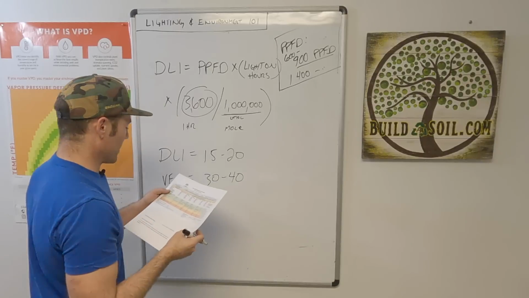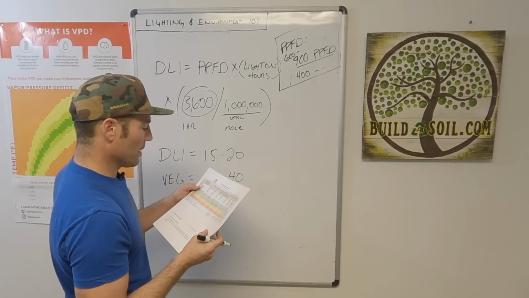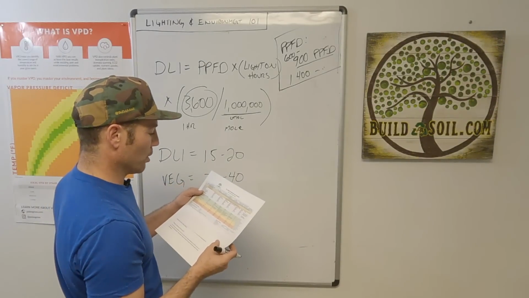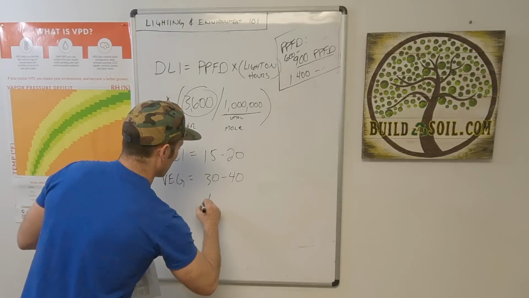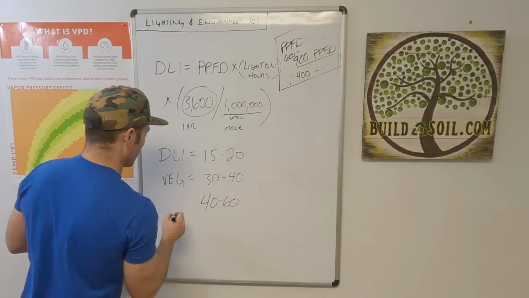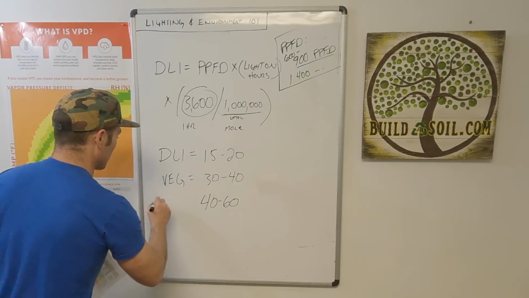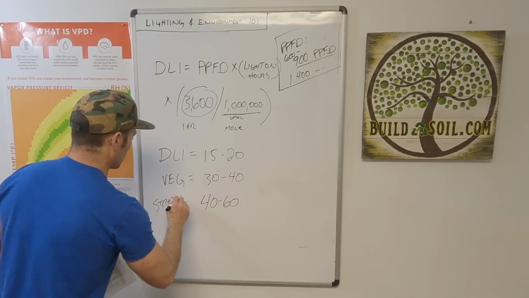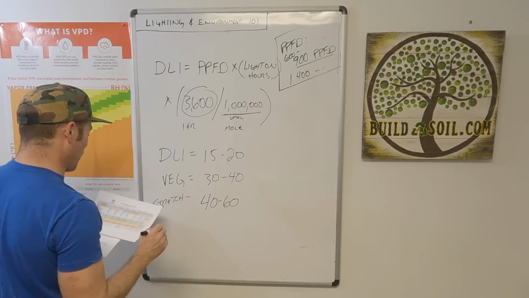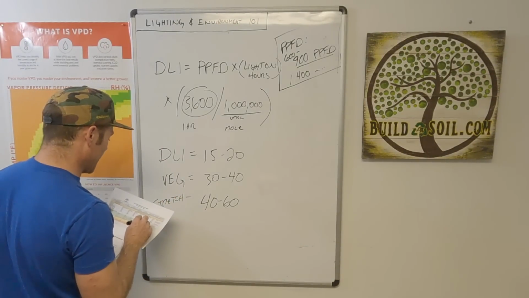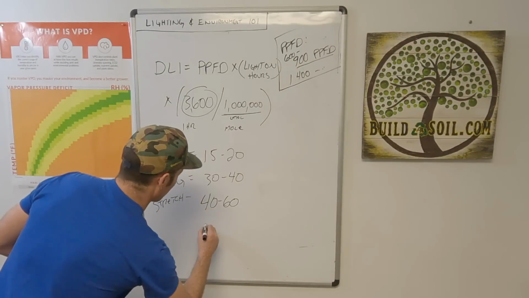And really for flower, it's about the same too. And so in flower, I have 40 to 60 at the bloom transition during stretch, which is really, it's pushing it a little bit. I really think less is more. We might update this chart a little bit. So that is stretch, which is right when you flip to flower. And then for ripening and the rest of it, we like to be in that 35 to 55 range.